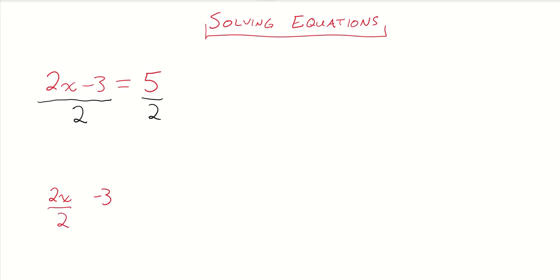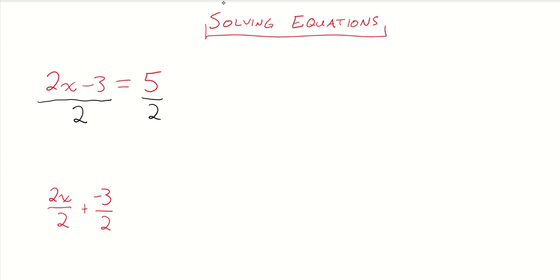I'll write that down. And negative 3, that also has a denominator of 2. So I've simply separated these 2 fractions. I could recollect them together again, right? Because these 2 fractions have the same denominator. But honestly, there would be no point in doing that because then I would just have the same number that I started with.